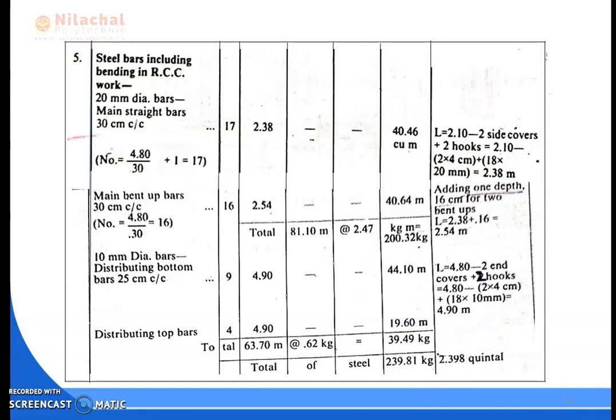So let us discuss the details of the main straight bar, its diameter and its center to center distance. Today's time is over. The remaining part we discuss in the next class.